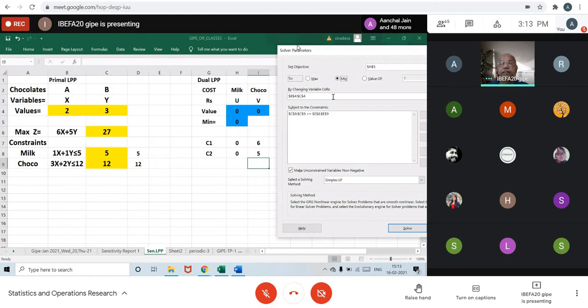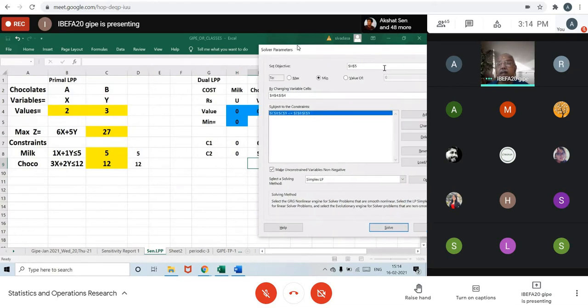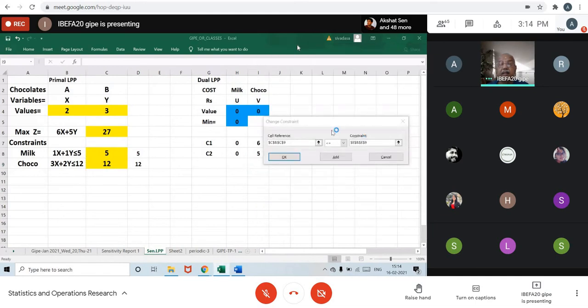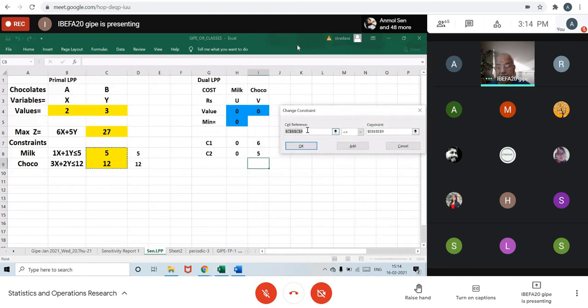Let us see what answer we will get. Minimum. The variables are U and V, and the constraints are greater than or equal to this.